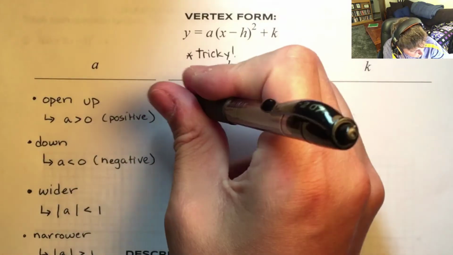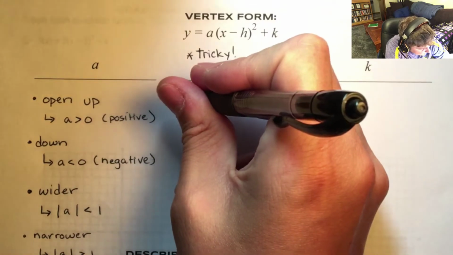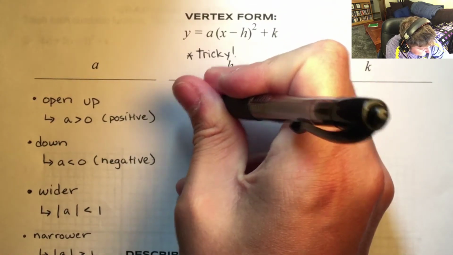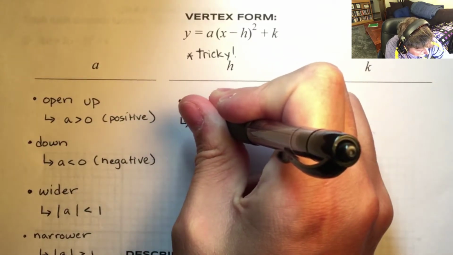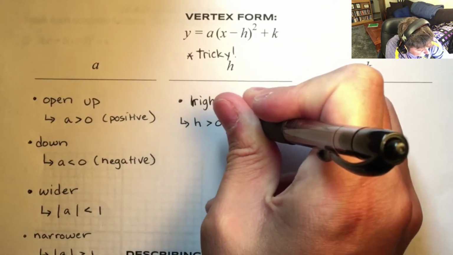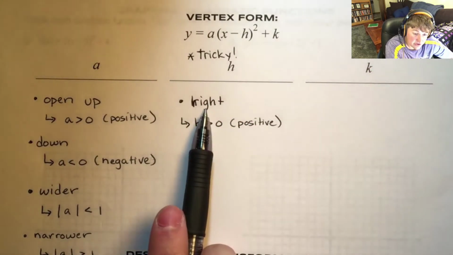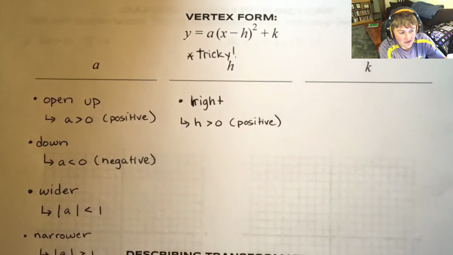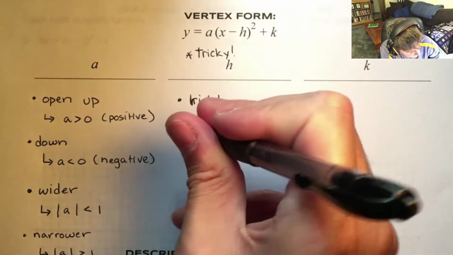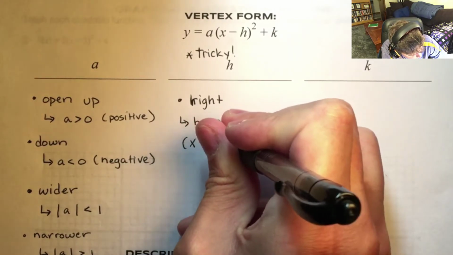So we need to think about when my h is going to move it to the right. It's going to move it to the right when h is greater than 0, meaning it's positive. But you have to be careful about what that's going to look like. When h is positive, inside of the function you are going to see x minus a number squared.